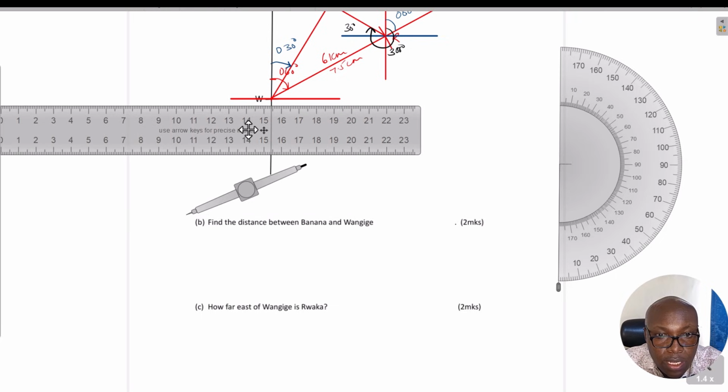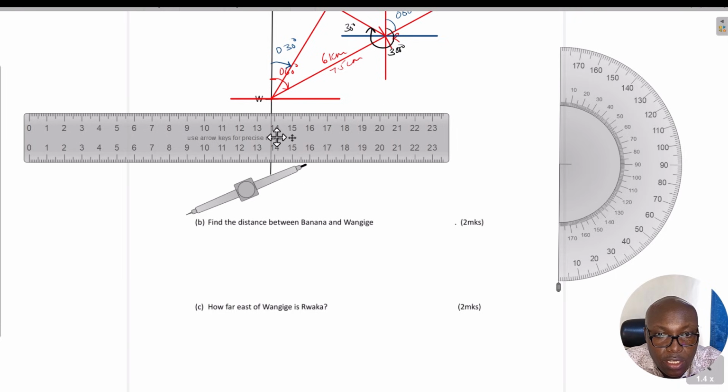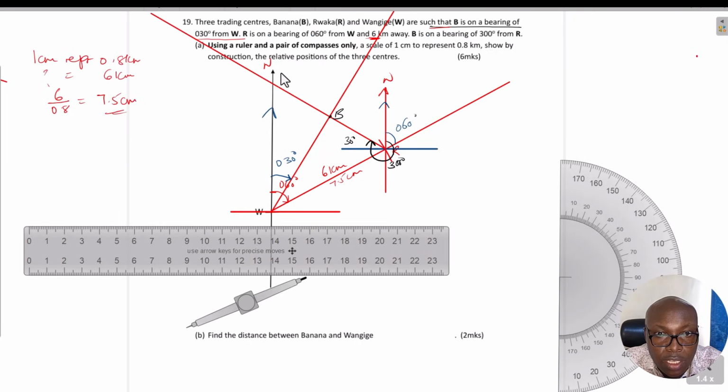Find the distance between Banana and Wangige. So that is BW. The distance BW is what we need to get. So let me take the measurement of that distance. So there it is.